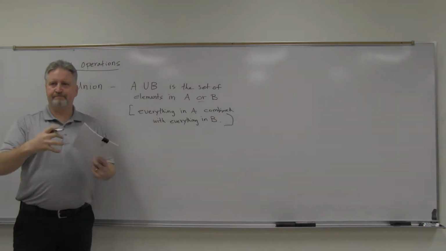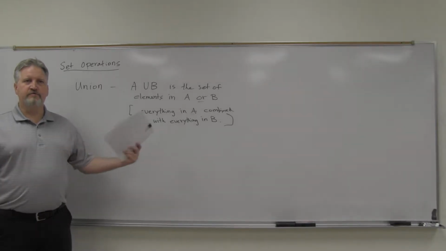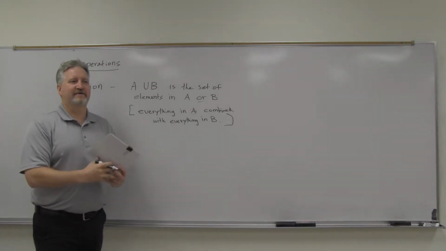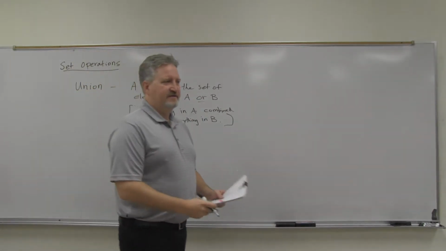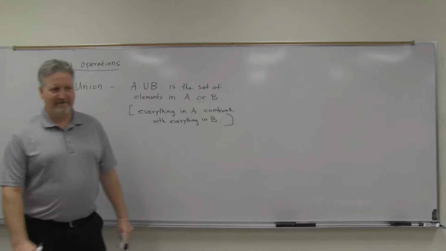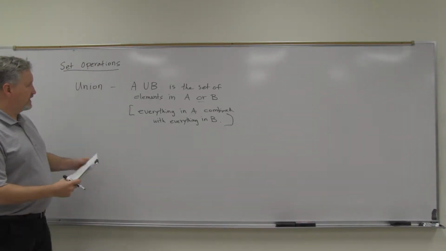You're just dumping all the elements of both sets together. The union. You're unioning them together. Everything in A combined with everything in B. That's known as the union of A and B.